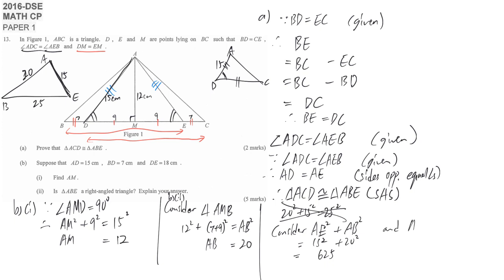At the same time, we consider BE squared, which is 25 squared, equal to 625. Since AE squared plus AB squared equals BE squared, as we discovered by calculation, triangle ABE is a right angle triangle.